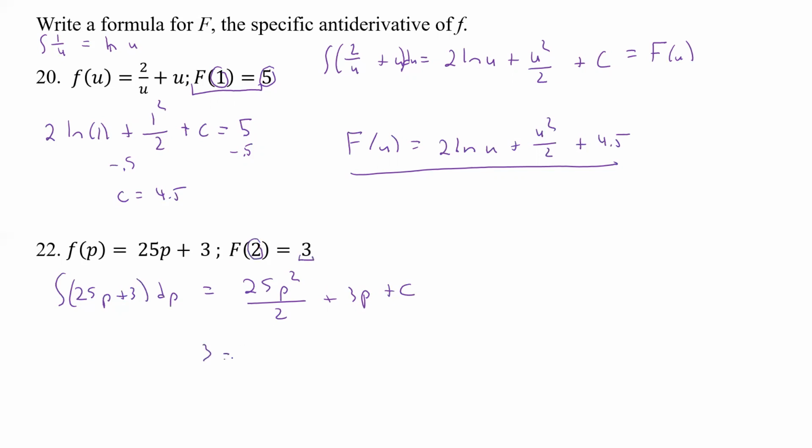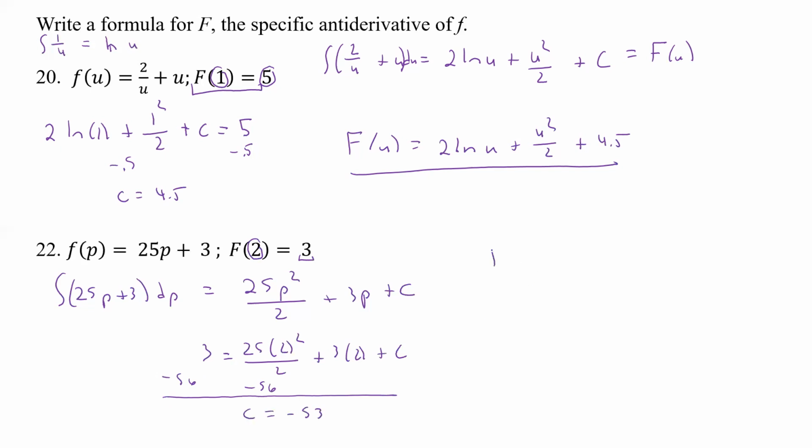So 3 equals 25 times 2 squared over 2 plus 3 times 2 plus c. All right, so now if we do all that, we have 25 times 2, because the 2 is going to cancel, plus 6. So we're going to subtract 56 from both sides. So it looks like when we do that, C is equal to negative 53.